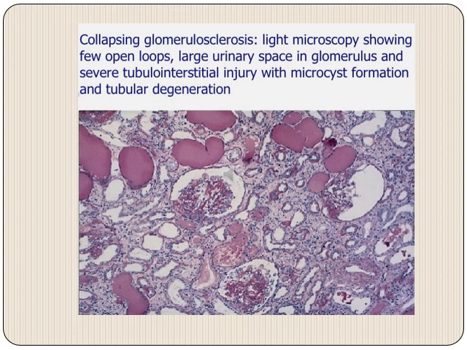This photomicrograph is of HIV-associated nephropathy, which is also called collapsing glomerulosclerosis because of collapse of glomerular tuft. You can see we have these three glomeruli here in this field, and at least two of them are completely collapsed, so that the urinary space or the Bowman space is markedly enlarged, and the tubules are dilated and filled with this proteinaceous eosinophilic material.